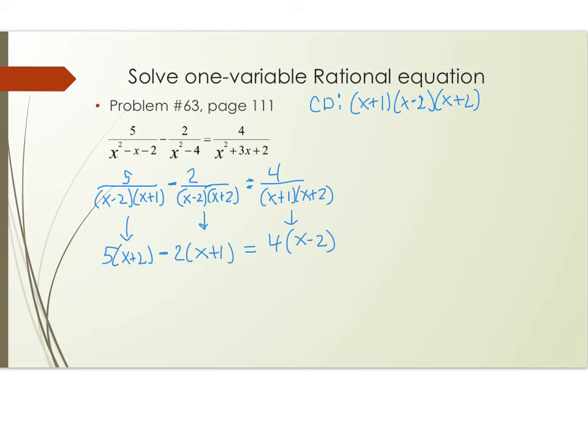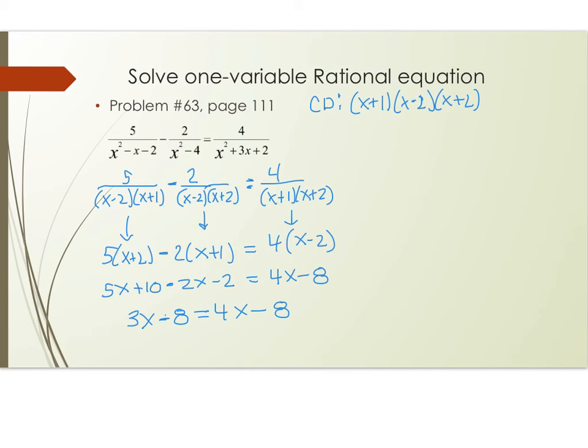So now I just use the distributive property. 5x plus 10 minus 2x minus 2 is equal to 4x minus 8. And now we combine like terms. I get 3x plus 8 is equal to 4x minus 8.